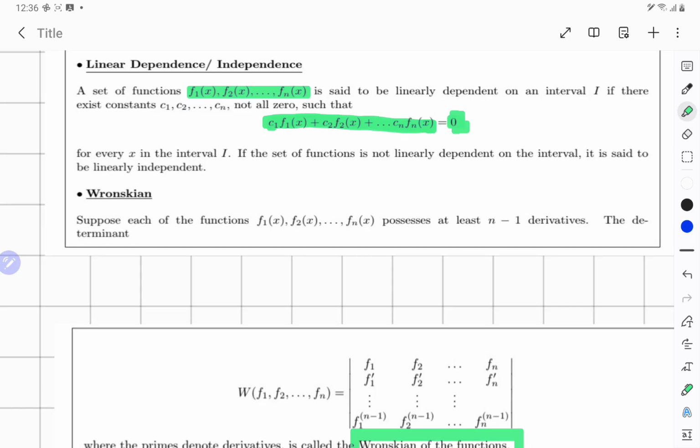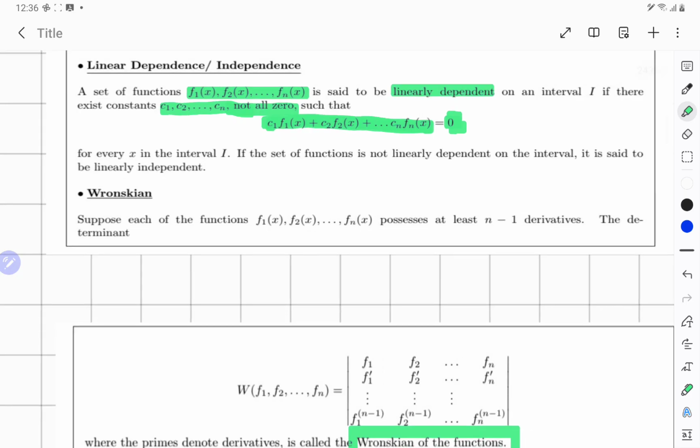Now, if all those coefficients are 0, the functions will be linearly independent. If not all of them are 0, so there can be lots of 0 solutions, but say C3 is not 0, then they are linearly dependent.